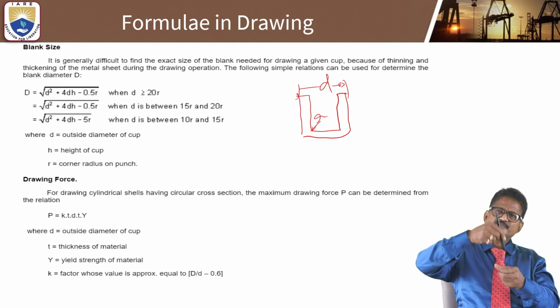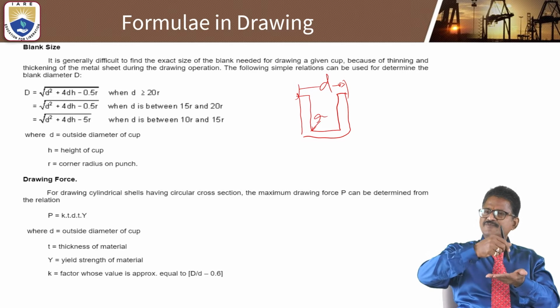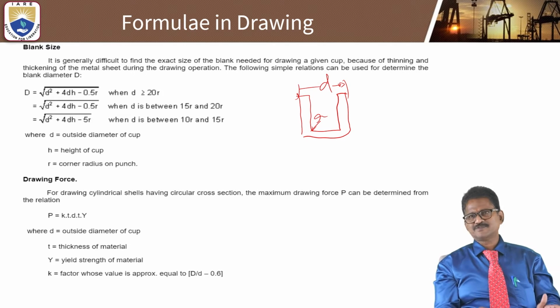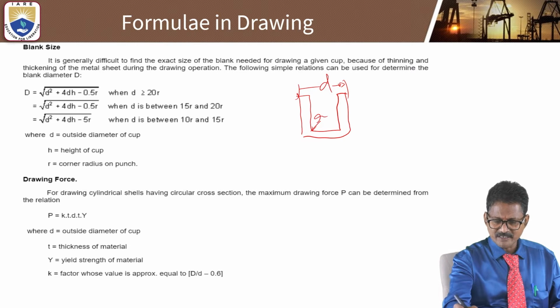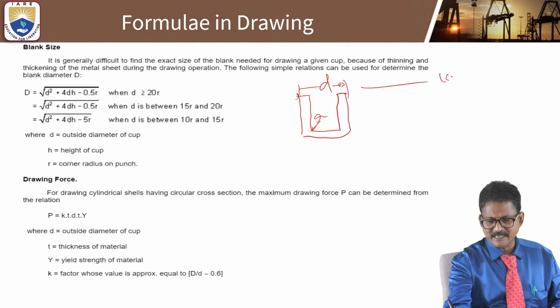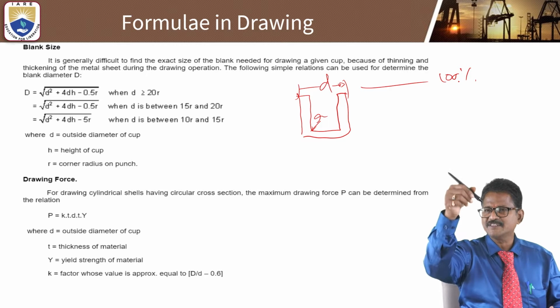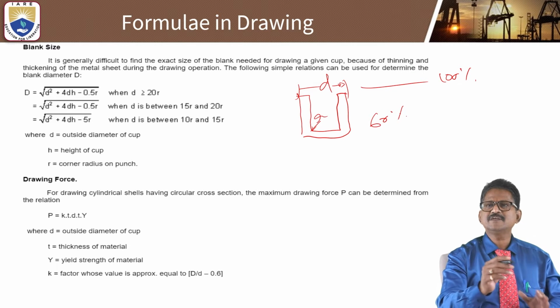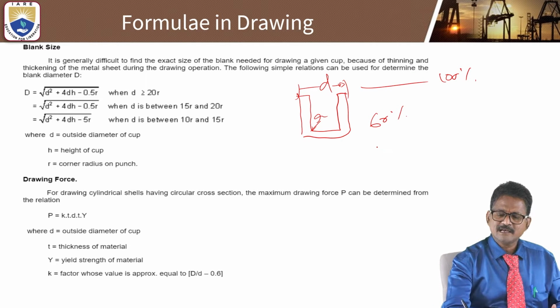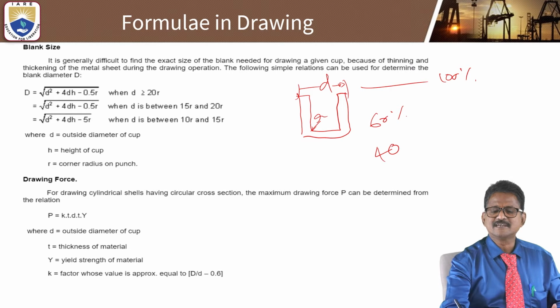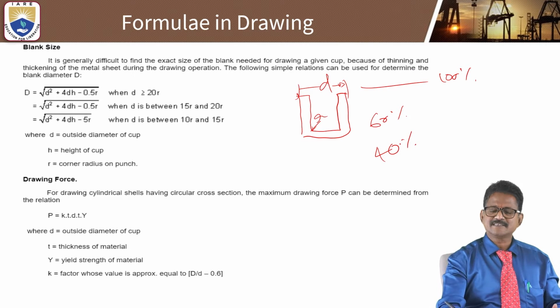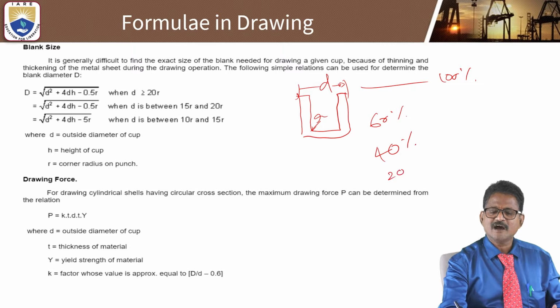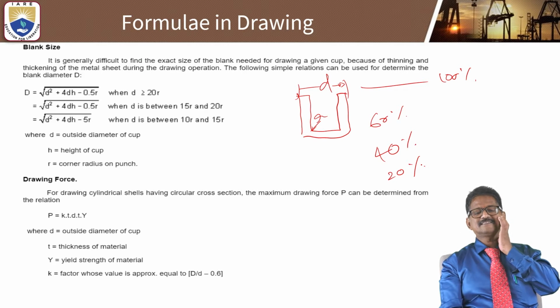If you apply one compressive force, it is difficult to form a cup shape. To get 100%, initially in the first draw, about 60% of the material can be drawn. In the second, say 40 or 30% reduction takes place, and then 20 or 10% reduction takes place.